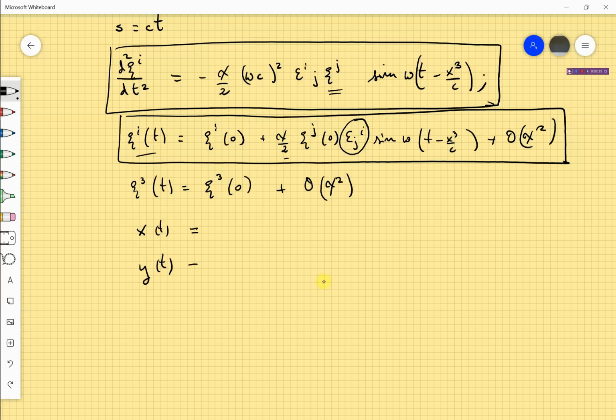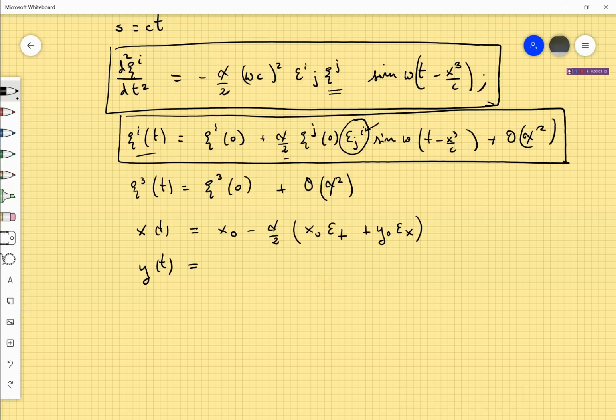They are just deviations, and we are going to rewrite these equations in a simpler looking way. We have this component chi over 2. If this index i is 1, then j is either 1, and then you have x0 and epsilon 11, which is epsilon plus, or you have 12, and then this is epsilon x, and then you have y0.